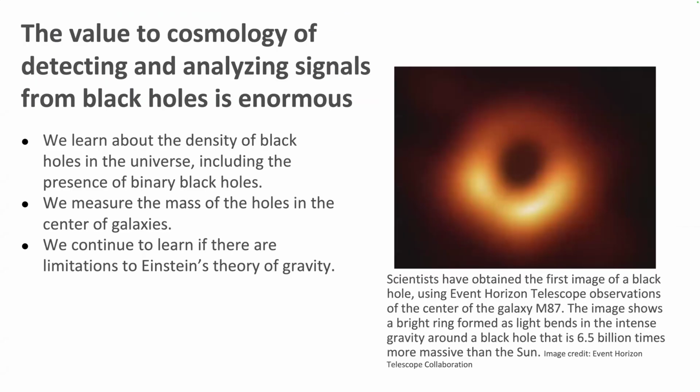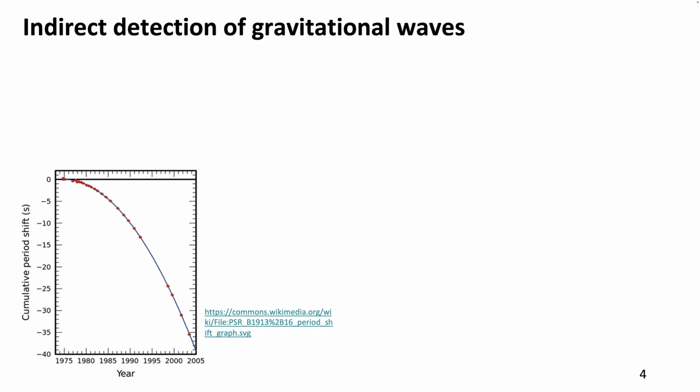And so we know about the Event Horizon Telescope. Did we ever have any evidence of black holes or gravitational waves, I should say, prior to this? Well, there was speculation.